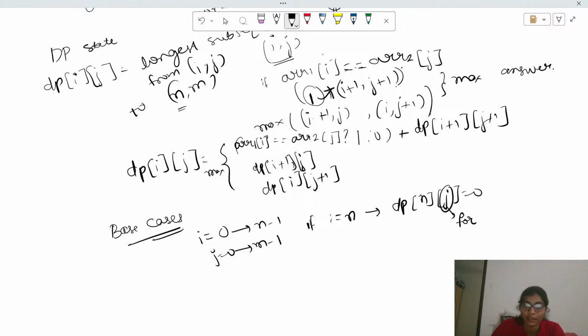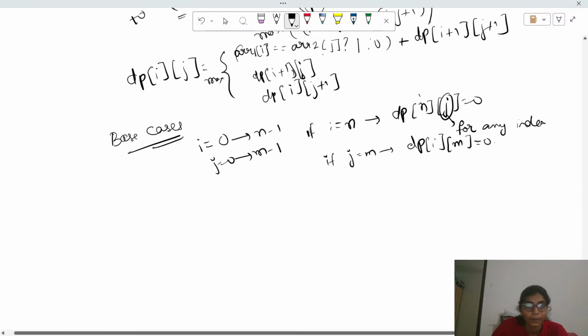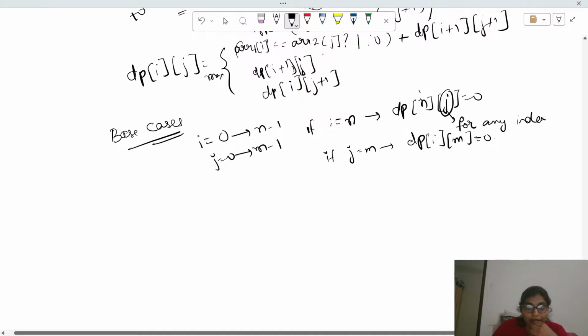Because if one reaches the end of the array, the other can never match it. Similarly, if j reaches m, dp of i comma m equal to 0 for any index. So these are the base cases.